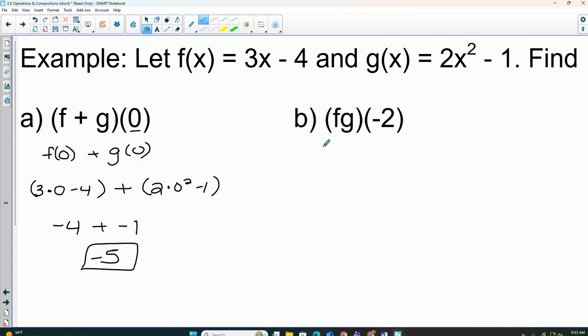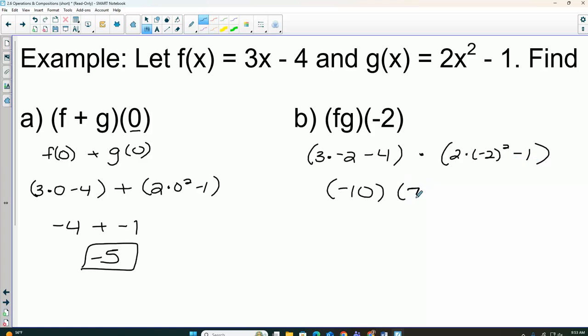If I put a negative 2 into f, 3 times negative 2 minus 4, what does that give me? Negative 10. Put a negative 2 into g, so 2 times negative 2 squared minus 1. Negative 2 squared is 4, times 2 is 8, minus 1 is 7. So negative 10 times 7.